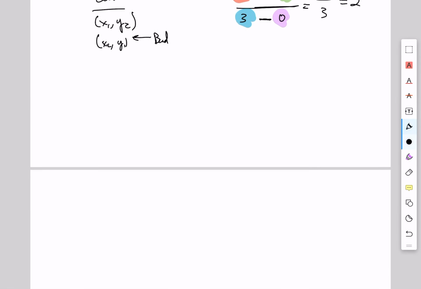So, a couple quick notes on simplifying fractions. If I have two negatives, so negative 1 over negative 2, then that becomes positive. If I have a single negative on bottom, so if I have 1 over negative 2, you would want to write that as negative 1 over positive 2.